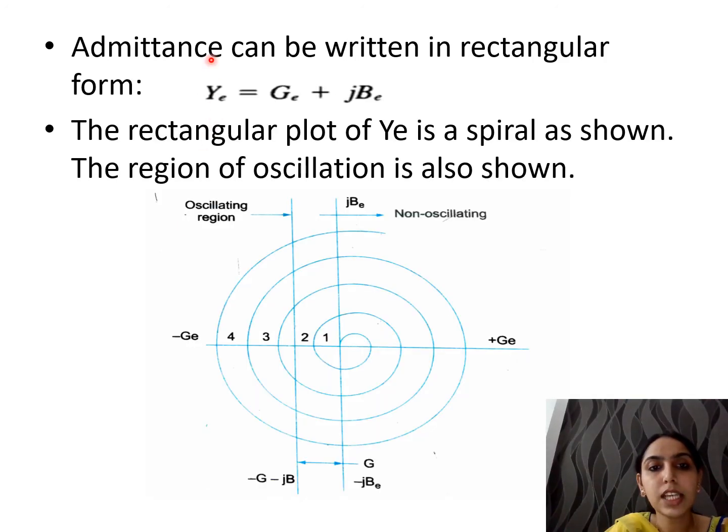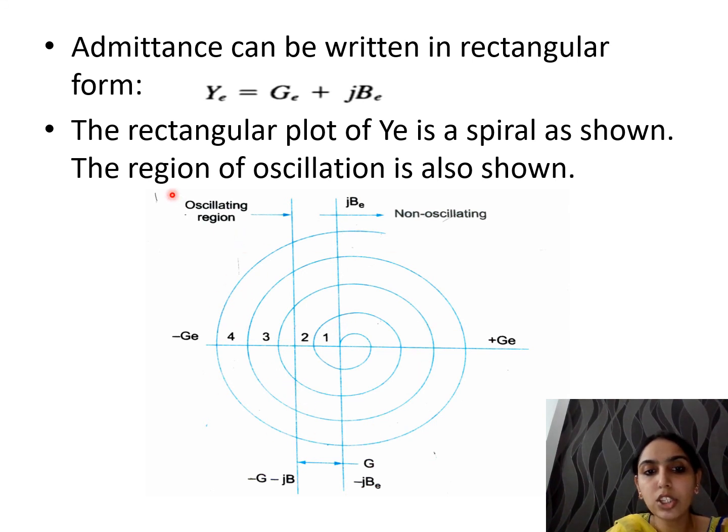Now, admittance can be represented in rectangular form. We know admittance is denoted by capital YE, the real part of admittance by capital GE, and the imaginary part by the susceptance BE. So YE is equal to GE plus jBE, and when we plot it, the admittance characteristic is a spiral.